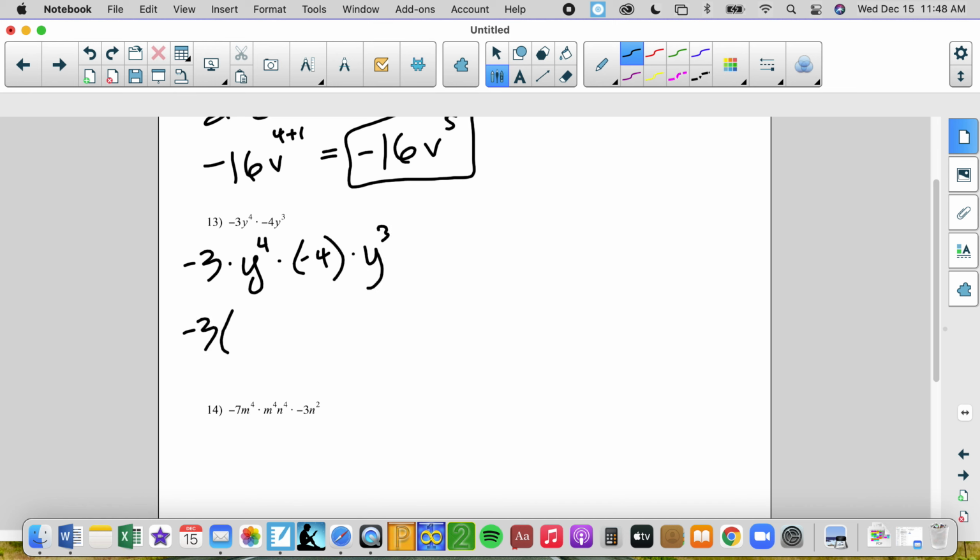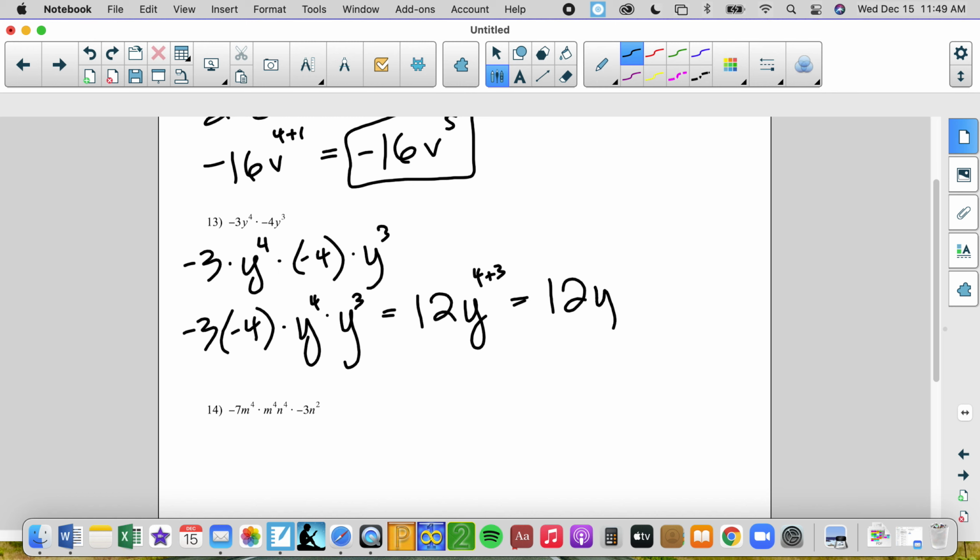So we have negative 3 times negative 4 times y to the 4th times y to the 3rd, which would give me negative 3 times negative 4 is 12. We have like bases, so that becomes y to the 4 plus 3, or 12y to the 7th.